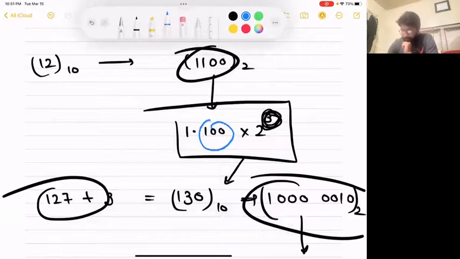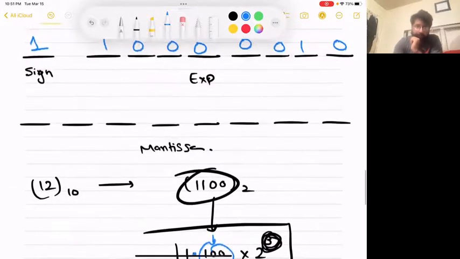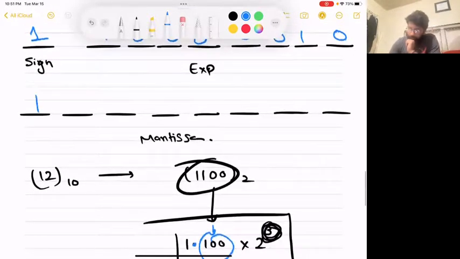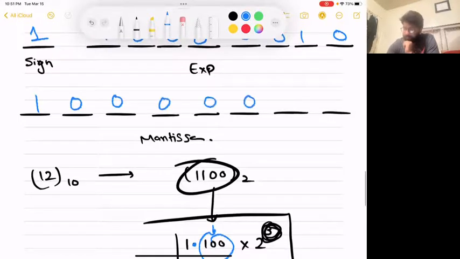Whatever the numbers are after the decimal is our mantissa. In this case, it's 1 0 0. So we'll just write 1 0 0, and the rest bits will be 0. That's it. That's how you find mantissa.